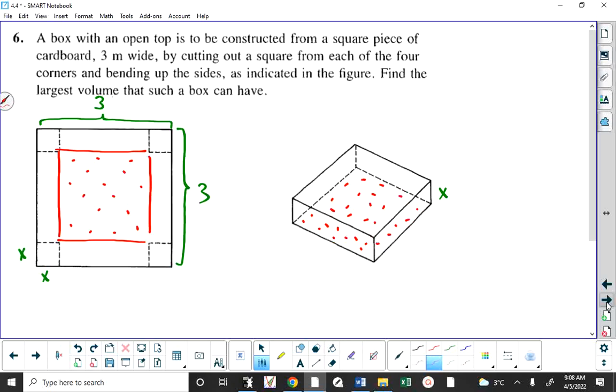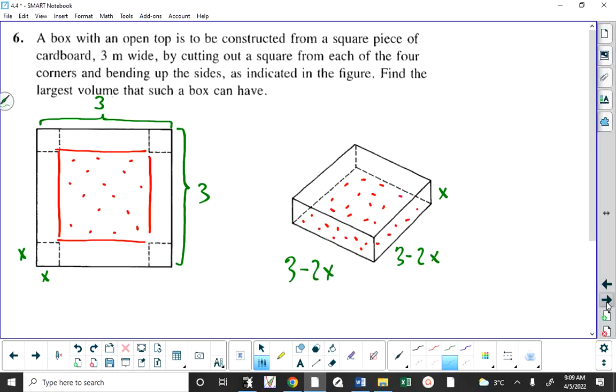I'm not a big fan of this particular diagram, but this would be 3 minus 2x, because it starts off as a length of 3. The flaps each have x, which get removed and folded up, so the x is removed from both sides of the 3. And this dimension as well will be 3 minus 2x.